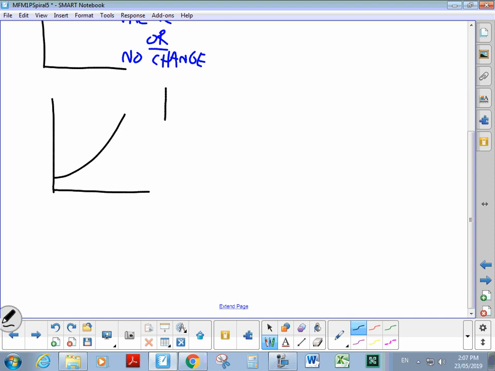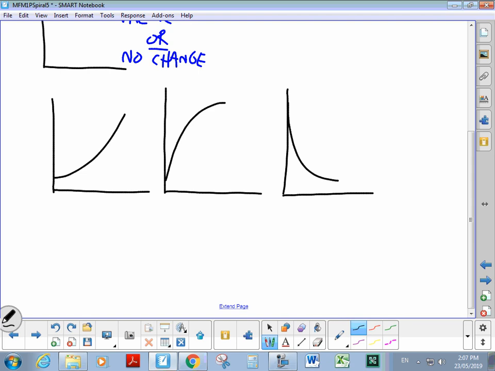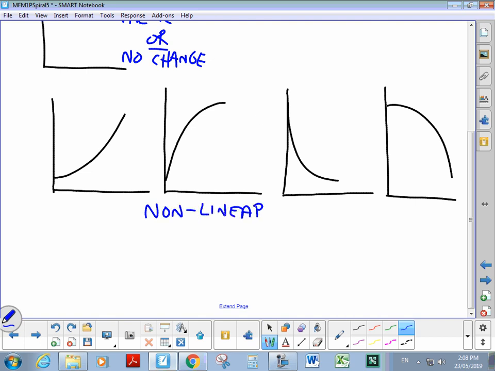We have a graph that looks like that, a graph that looks like that, a graph that looks like that, and a graph that looks like that. These are all nonlinear, which means not a steady rate.